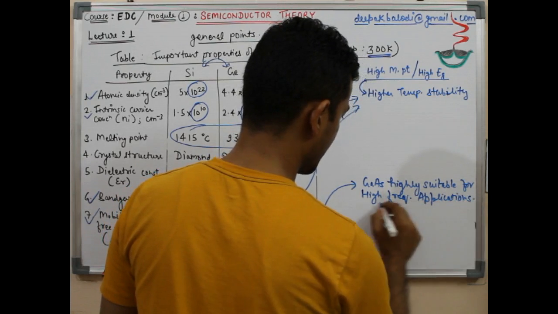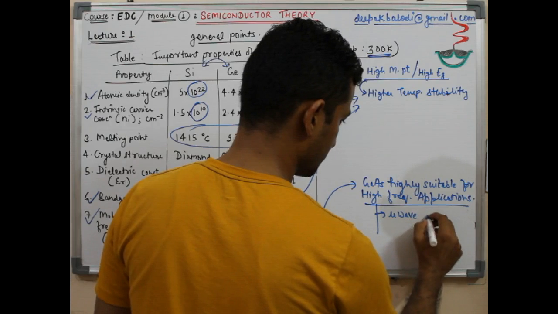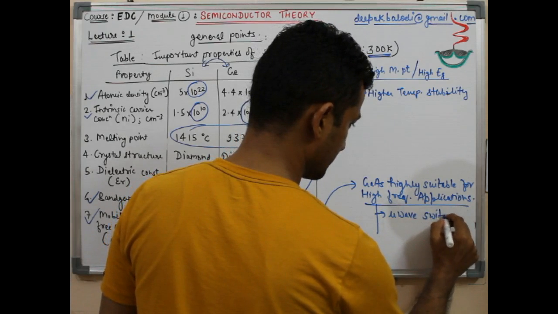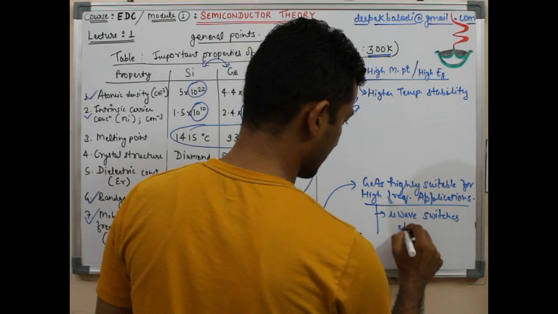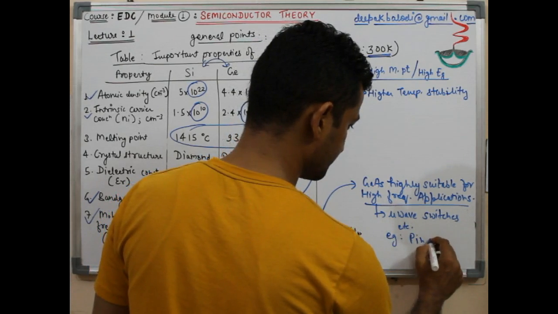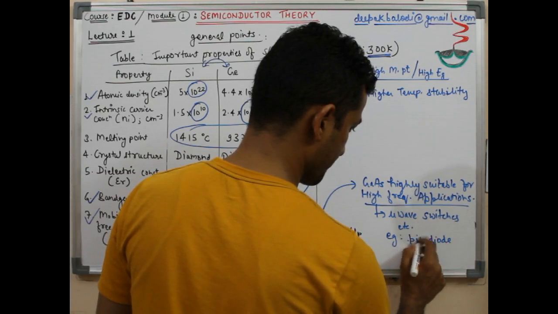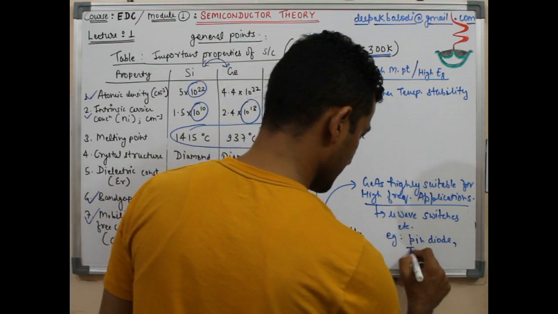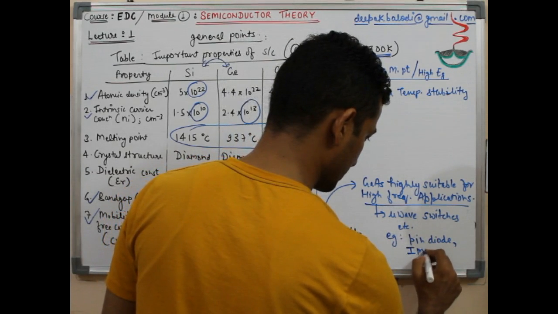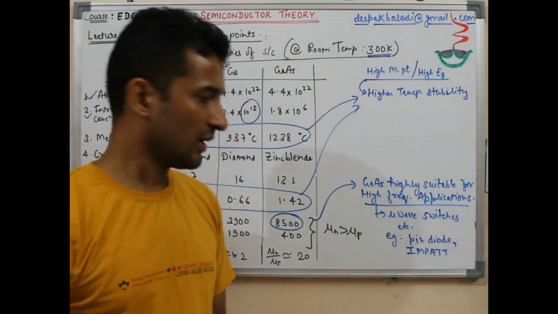Now high frequency applications include microwave switches, etc., and other high frequency applications like, for example, PIN diode, TRAPATT, IMPATT. We are not going into the detail, we will be looking at that later.